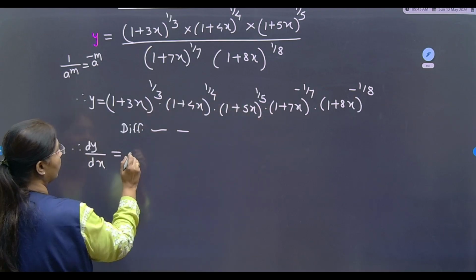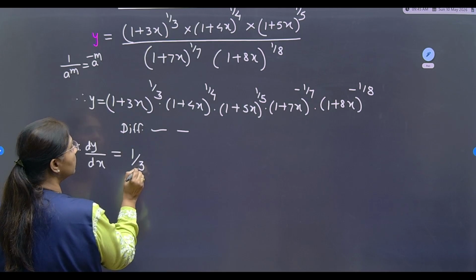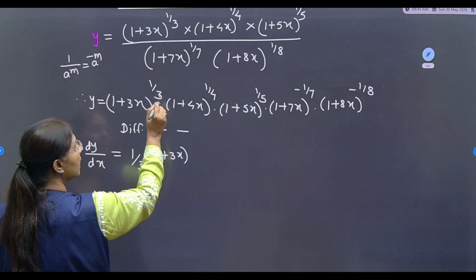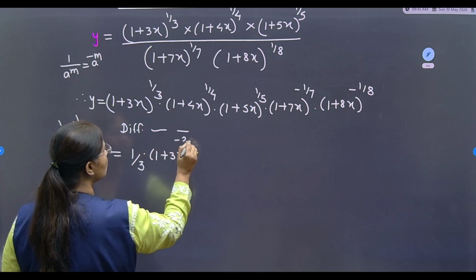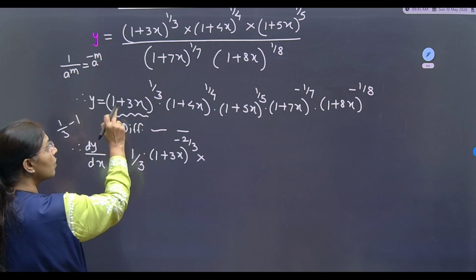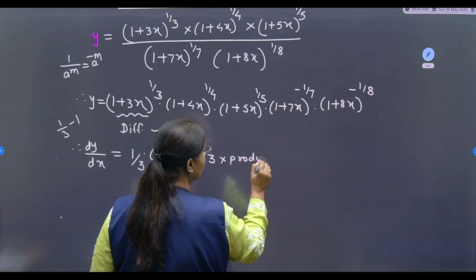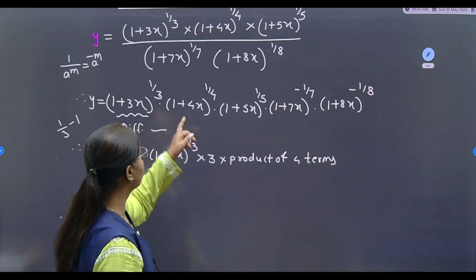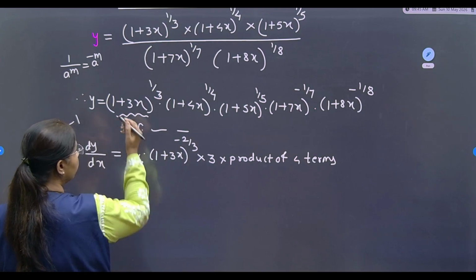The derivative of the first, 1 plus 3x raised to 1 by 3, is 1 by 3 into 1 plus 3x raised to 1 by 3 minus 1, which is minus 2 by 3, into the derivative of 1 plus 3x, that is 0 plus 3, into the product of the 4 remaining terms.